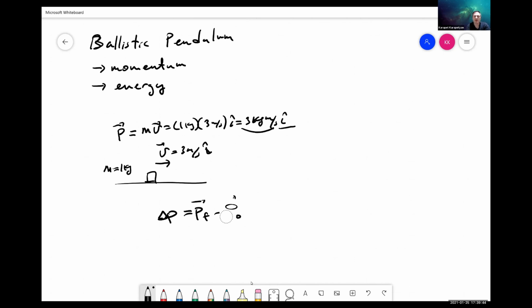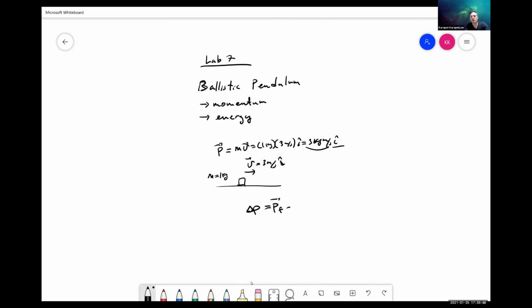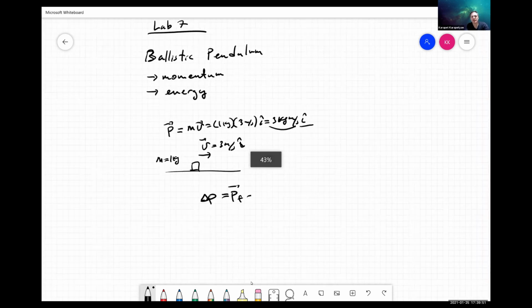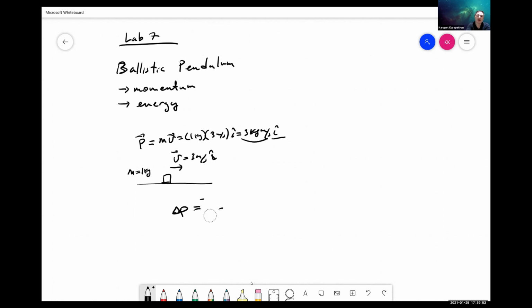Our book, and I like that notation, generally uses prime for the final momentum. So P prime is the final, minus P, the initial. That means this is M times V prime minus M times V. So again, this is the final momentum and this is the initial momentum.